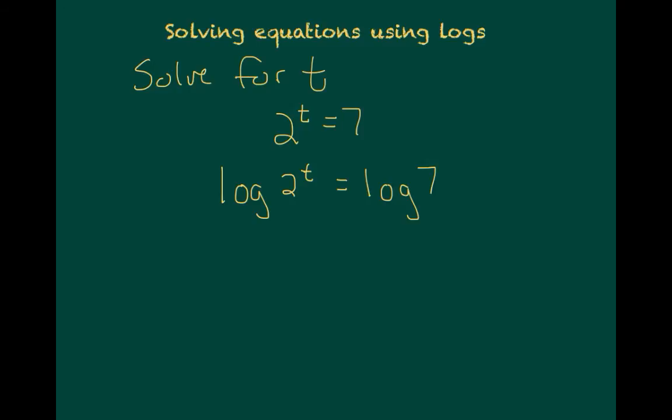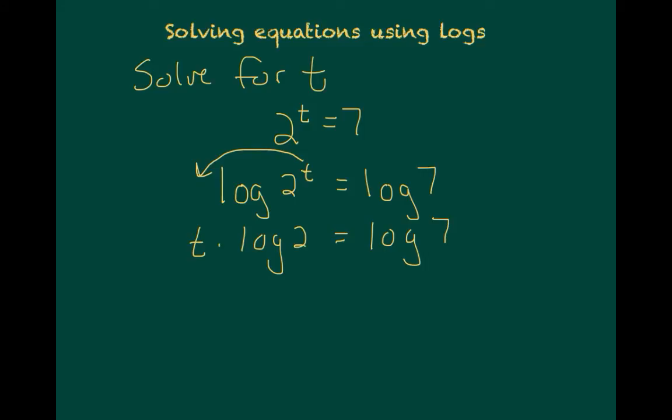Now the hardest part to remember is that the log of 7 is a number. It's in my calculator. If you got an old math book, you could have looked it up in the back. But what happened over here on the left? Well, we're going to invoke that property number 3, and I'm going to bring that exponent out in front. So I have t times the log of 2 equals the log of 7.